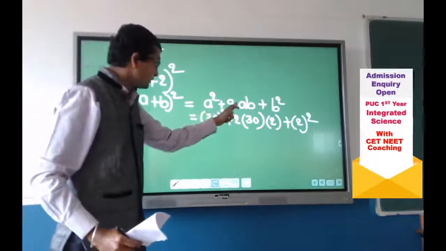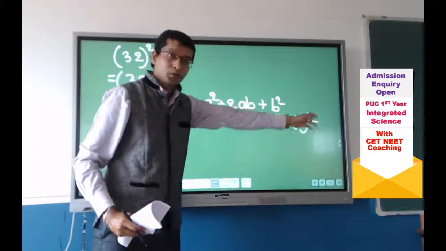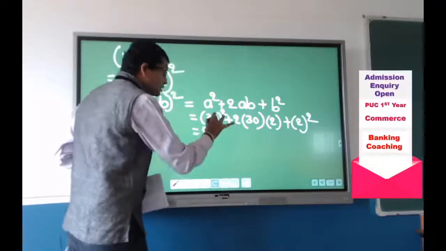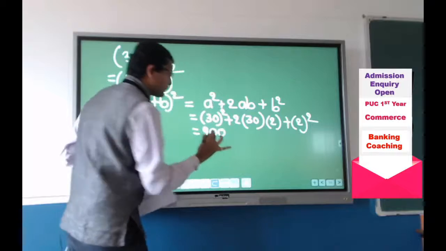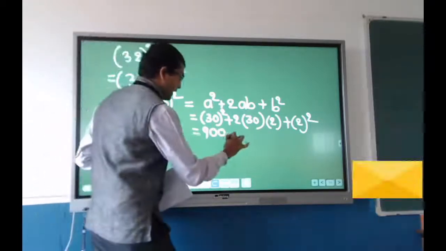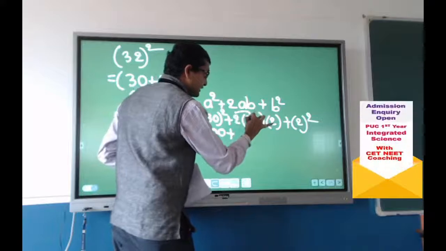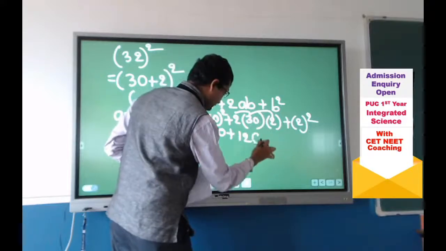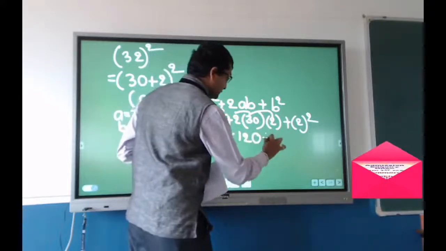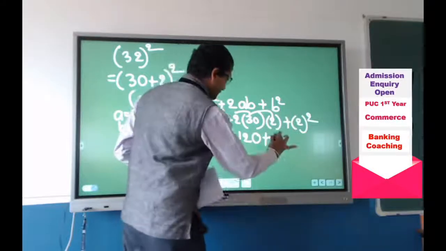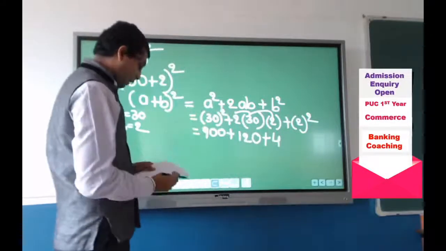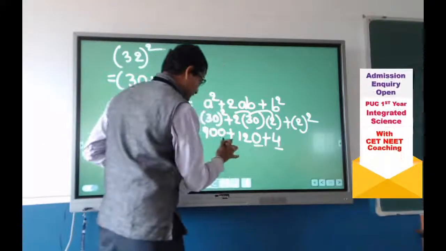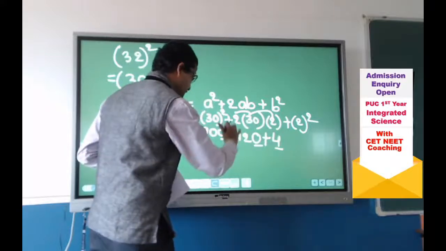So further, 30 square: 3 square is 9, and the 0 square becomes double 0. See, simple trick it is. Now 2 3s are 6, 6 2s are 12, and here there is a 0. Next 2 square is 4. Now I add all these things. We get 4 in the unit place: 4 plus 0 plus 0 is 4.